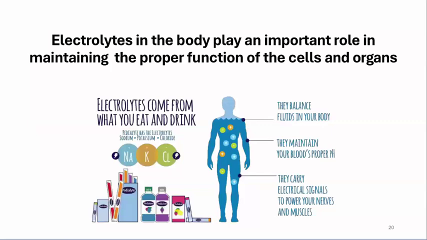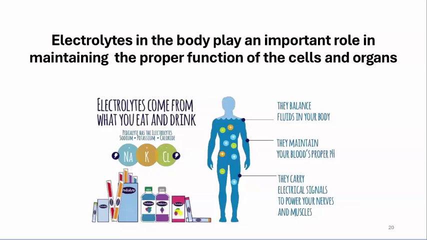Electrolytes are very important for the human body. They play important roles in maintaining proper functions of cells and organs. Some of the ions that are important to be present in electrolytes, and have been incorporated into drinks that people can ingest in order to replenish their electrolytes, include sodium, potassium, and chloride.